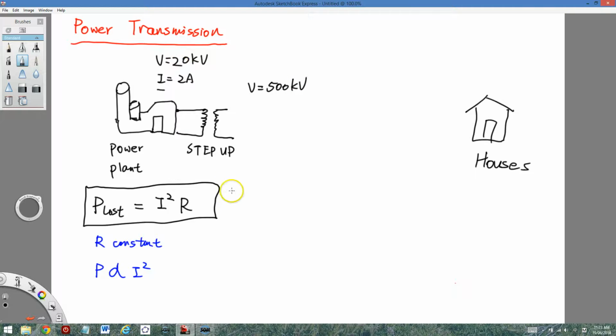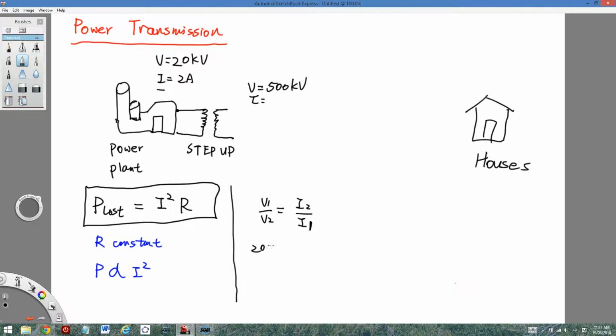We can use the equation to figure out the current after stepping it up. With the transformer equation, V1 over V2 equals I2 over I1. I need to find I2, so let's put all the numbers in.